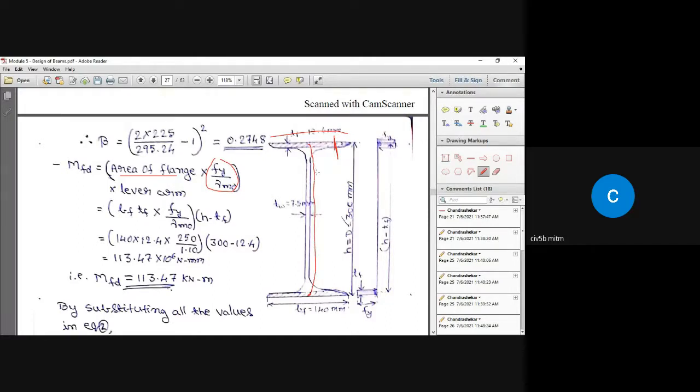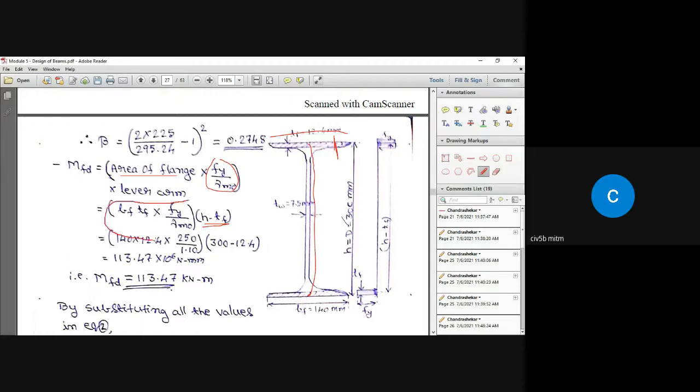That distance is total depth minus half the thickness of the flange at the bottom and half the thickness of the flange at the top, that is total depth H minus tf.